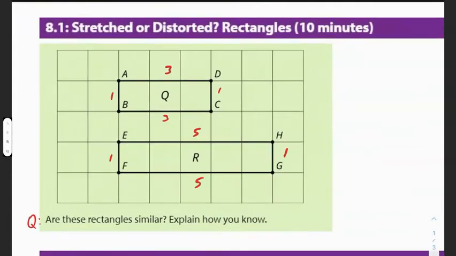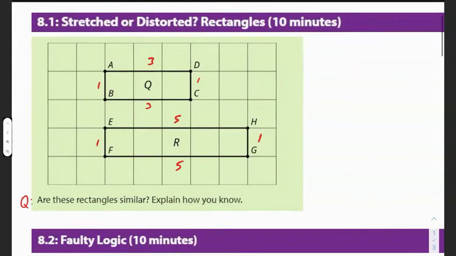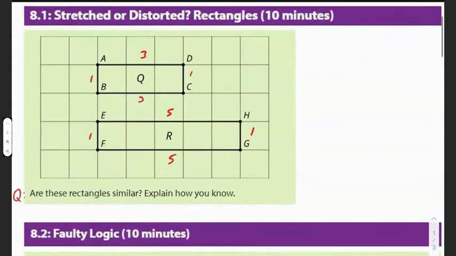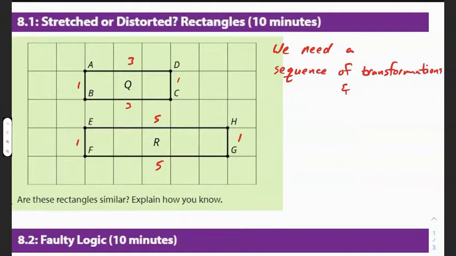Okay, well, there definitely has to be a sequence of transformations, right? And use of a dilation in order for this to happen. So we need a sequence of transformations and dilation, right?